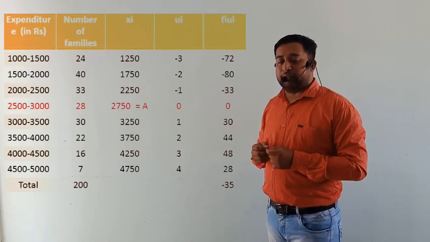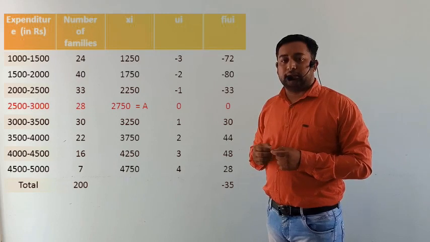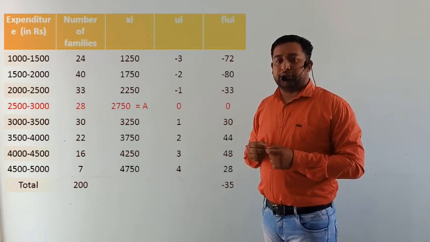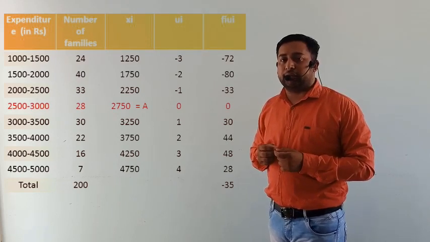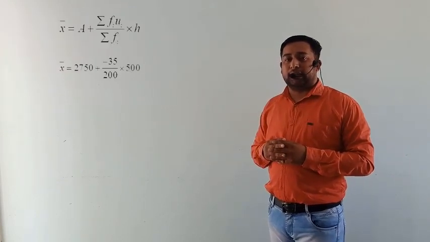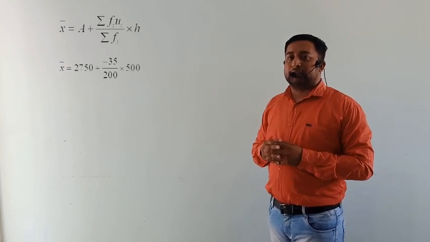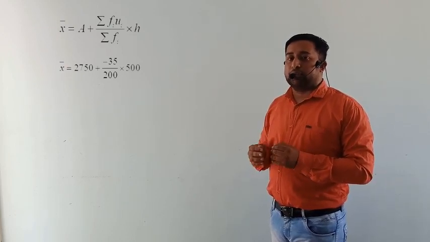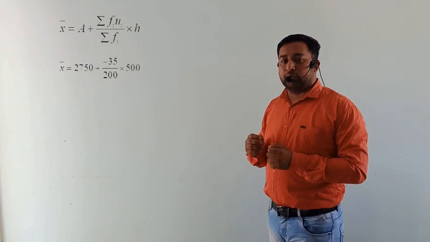So our sigma fi ui is minus 35, and our sigma fi is 200. Our assumed mean was 2750. Substituting all these values in our formula, x bar is equal to a plus (sigma fi ui upon sigma fi) into h.